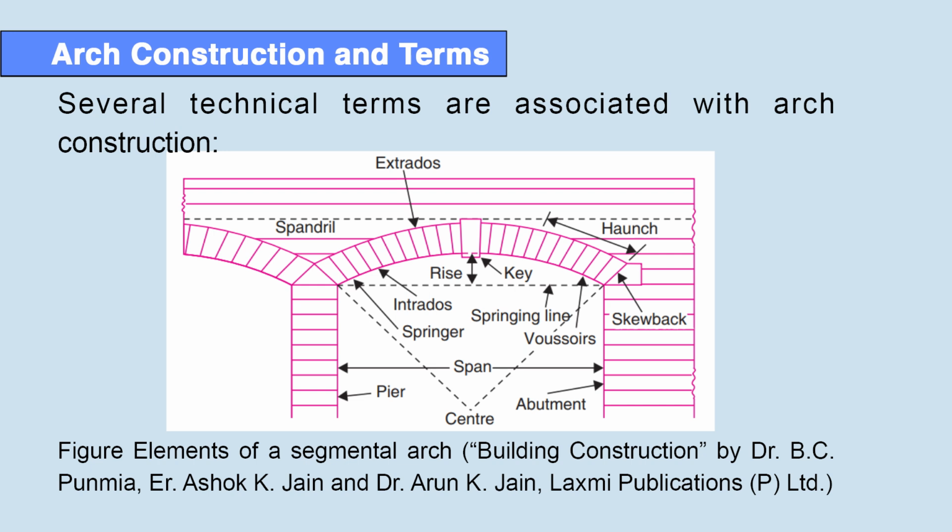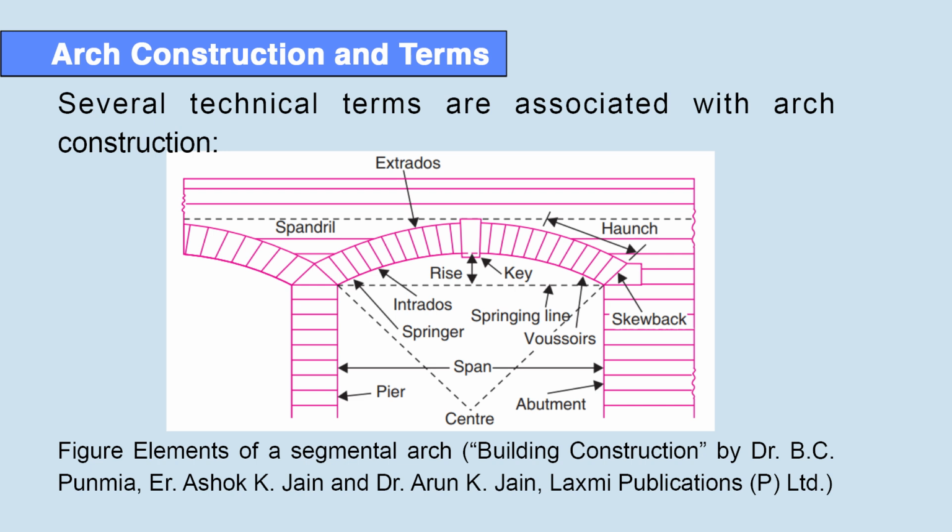Now, what is an arcade? An arcade is a row of arches in continuation. Next term is haunch, the lower half of the arch between the crown and the skewback. Next one is ring, the circular course forming the arch, which may consist of one or more rings.